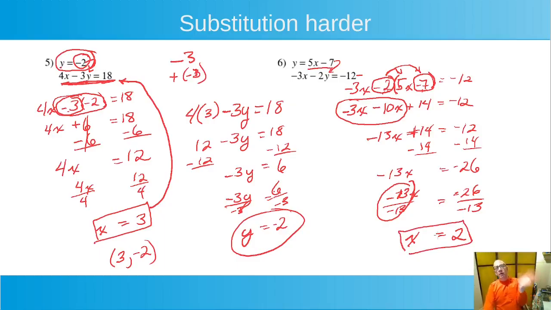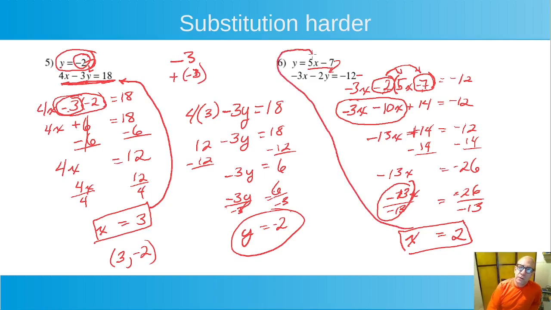But I'm only halfway done. I have to take the x, and I have to go back up to one of these equations and substitute x for the number. And I'm going to do it with the first equation because it's going to be easier. So I'm running out of little room here, but I'll do it up here on the top.